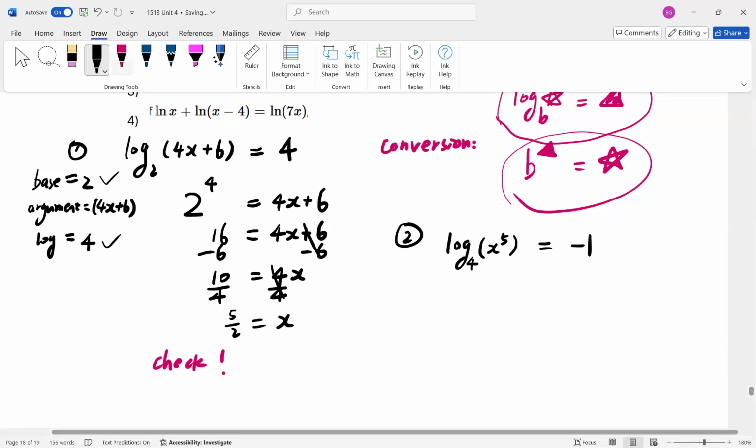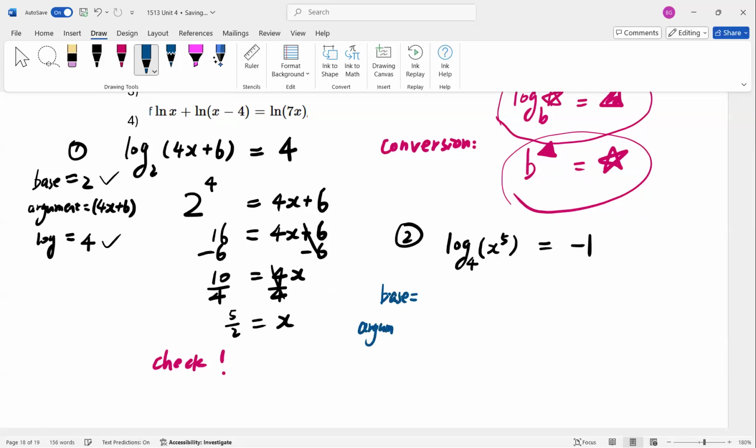Let me write down the names of the three parts: base, argument, log. Base is 4. Argument is the whole thing in the parentheses. Log is negative 1.